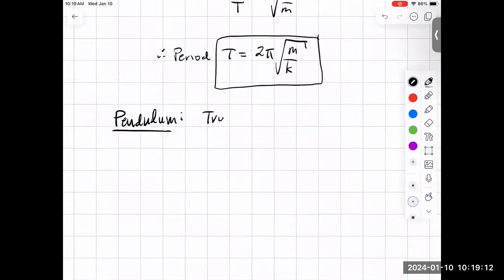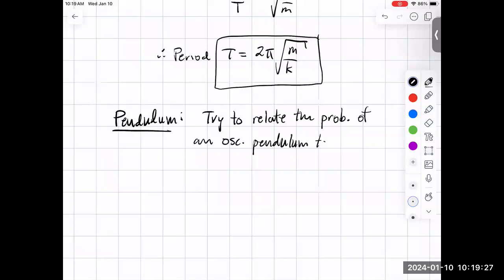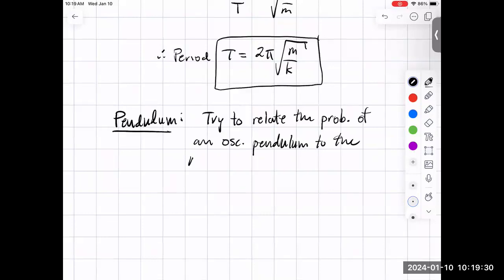We'll try to relate the problem of an oscillating pendulum to the mass on a spring. Sometimes you hear people talk about the beauty or the elegance of physics.